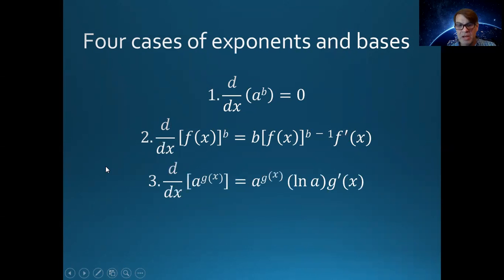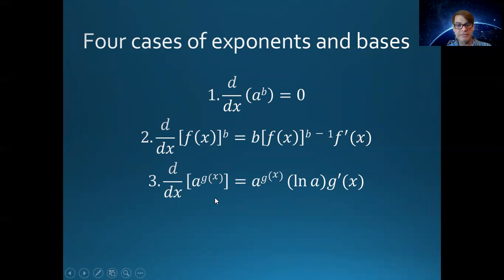Number two. Number three is what we did in my last video, which is where, if number 2 is the power function, then number 3 could be the exponential function, where we have a constant raised to a variable.